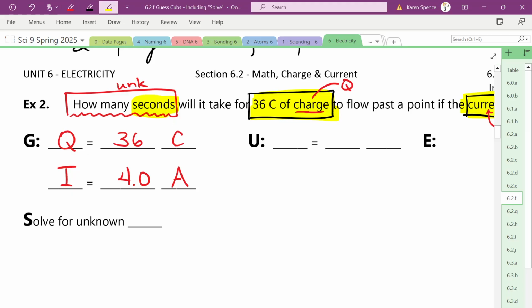How many seconds? What quantity are we measuring if we're measuring seconds? That's going to be time. So our unknown is T is equal to we don't know how many seconds.